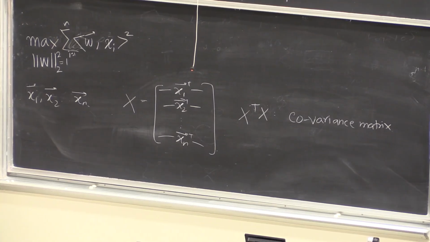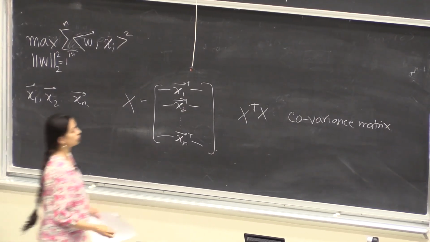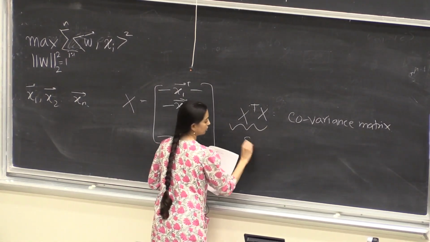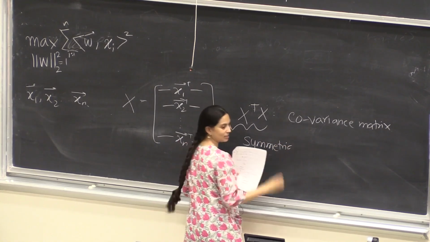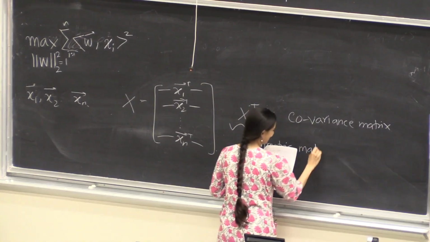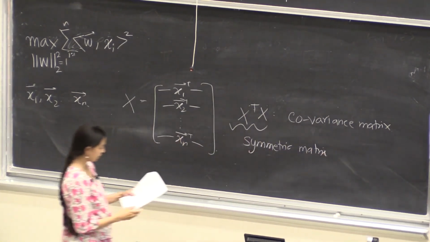Symmetric matrix, right? The transpose of X transpose X is X transpose X. There might be a reason that we've been doing symmetric matrices. So we need to now understand this.